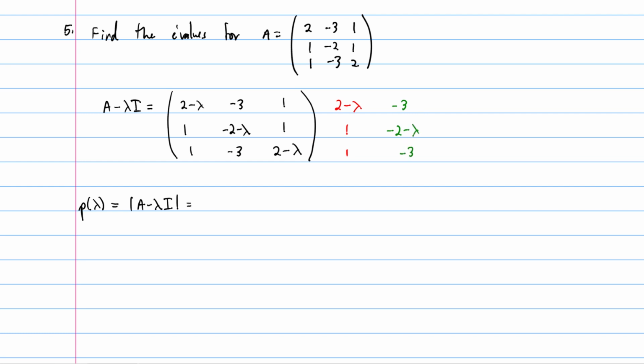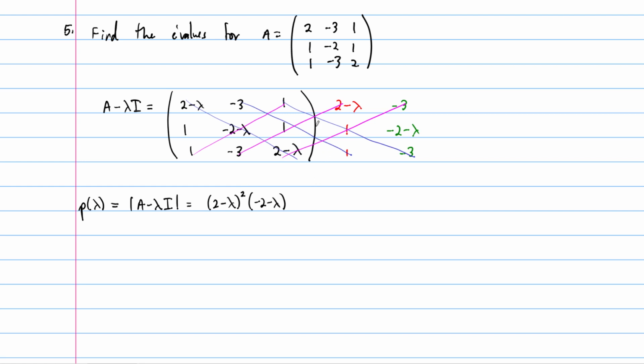It's a determinant, so it's the same kind of product that we're used to. It's going to be this times this, add those up, and then subtract these off. So this one's going to be (2 minus lambda) squared times (-2 minus lambda).